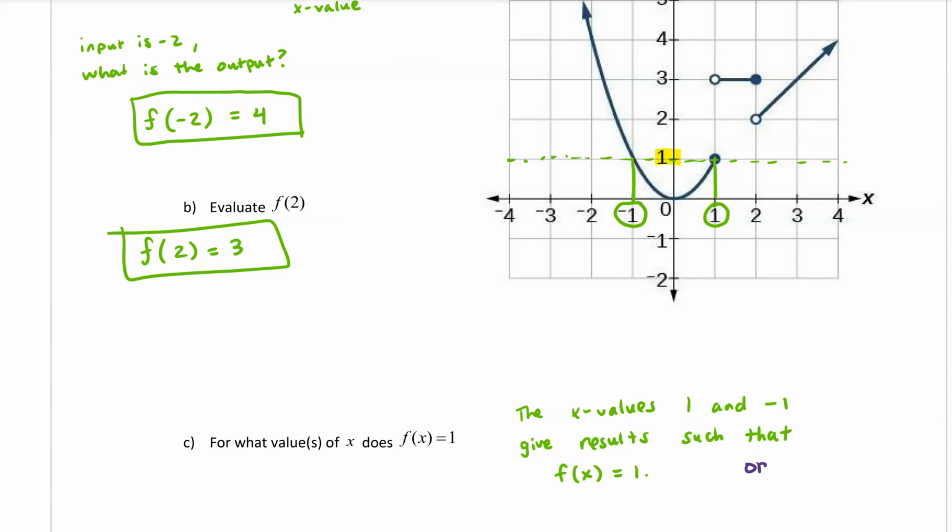Or another way of saying that is you could say f of 1 equals 1 and f of negative 1 is equal to 1. So either of those are sufficient.